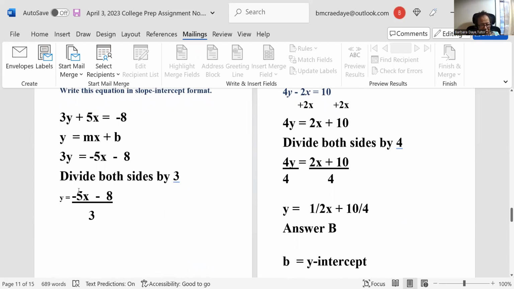This will be minus 5x over 3, and then a minus 8 over 3, right? So tell me what to write, Maureen. What should I write?